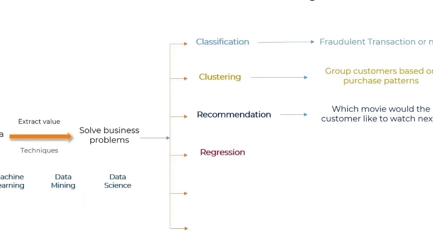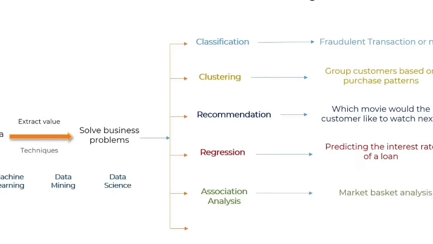Regression, for example, predicting the interest rate of a loan. Association analysis. A market basket analysis is a good example. And time series forecasting, wherein, for example, we look at predicting sales based on seasonality.